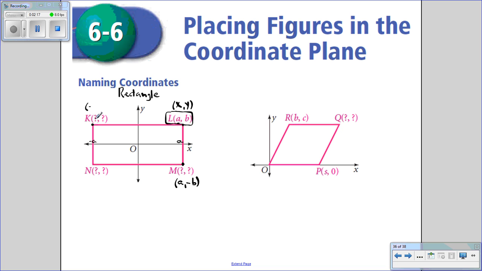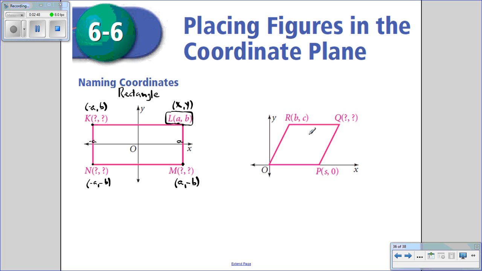So my x-coordinate for K would be negative A. And then I travel up to this point, which is the same y-coordinate as before, which is positive B. Going over here to N, N has the same x-coordinate as K did, which is negative A. And this time we went down like we did for M, so it would be negative B.